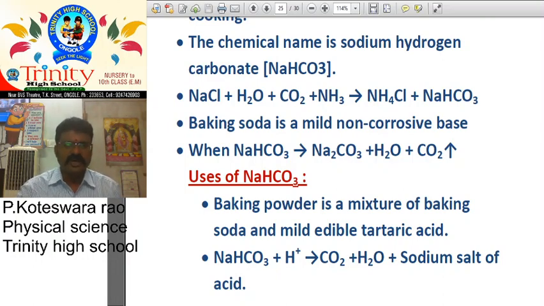Na2CO3 means washing soda, plus water, plus carbon dioxide. Okay? Now, so my dear students, while heating NaHCO3, what can it produce? It can produce Na2CO3, which means washing soda, sodium carbonate, H2O, water, CO2. Is it a balanced equation?